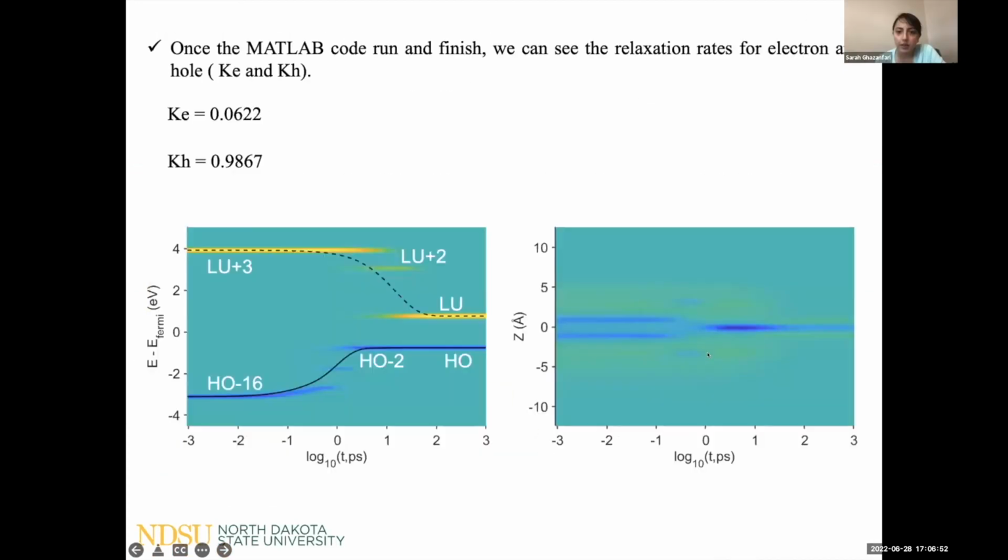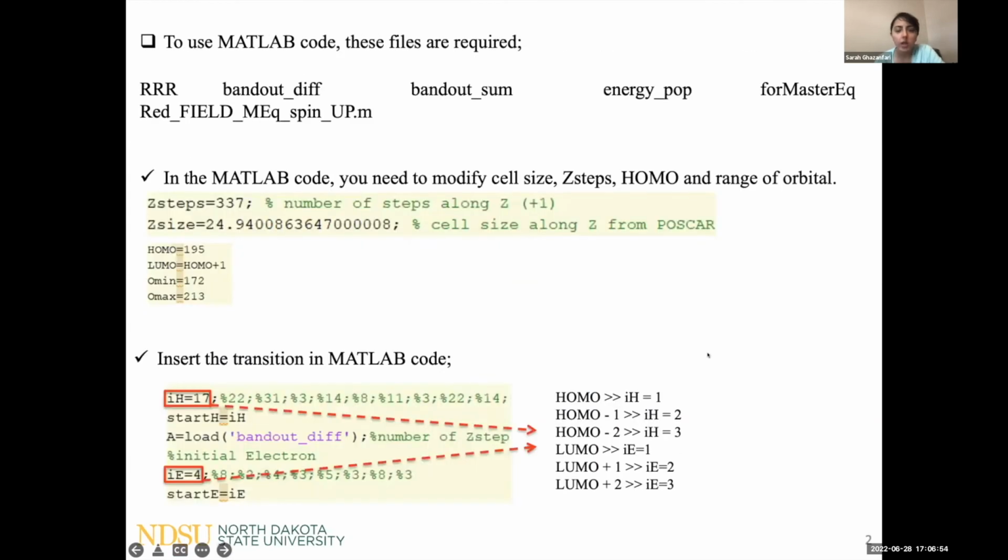As I talked about in previous weeks, in order to run this MATLAB code, we need some files, including the RRR file, the bound, the energy population file, and absolutely the MATLAB code. As I mentioned previously, we need to modify a bunch of numbers in the MATLAB code.